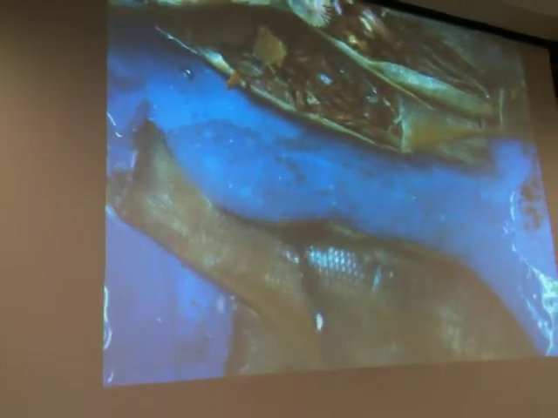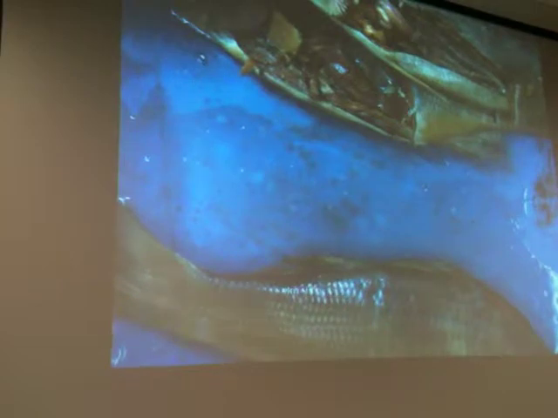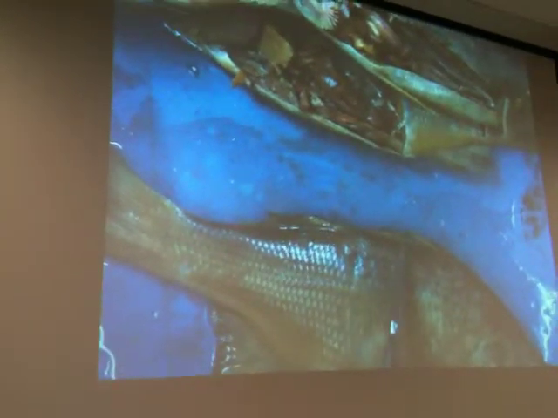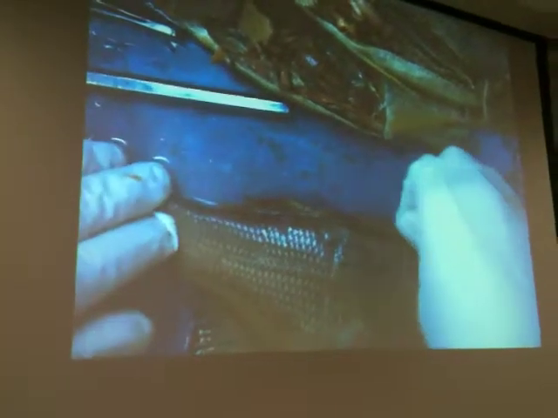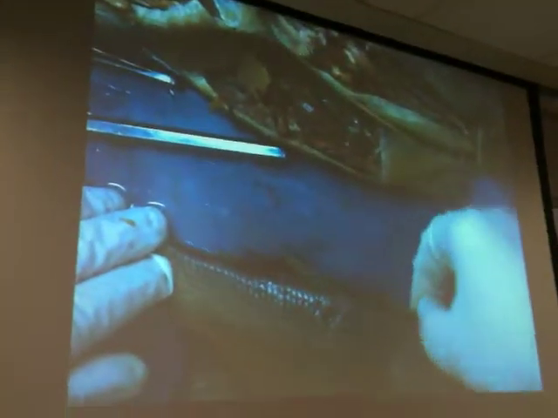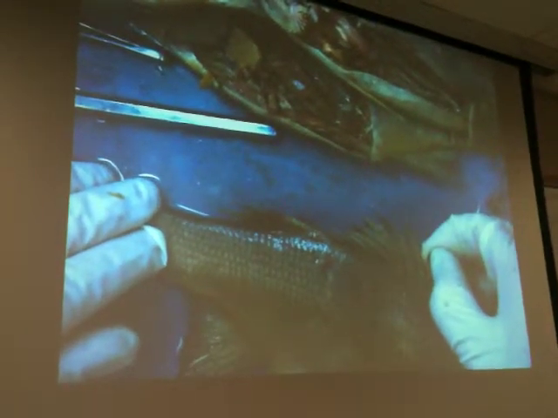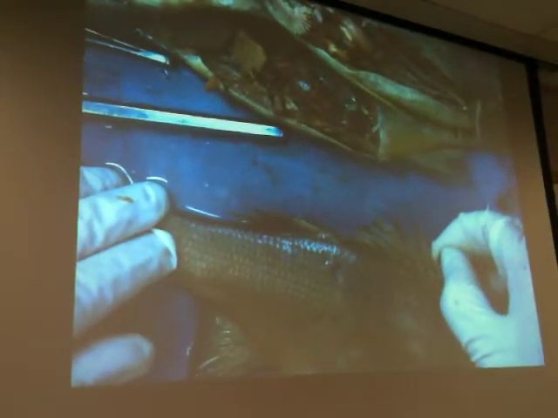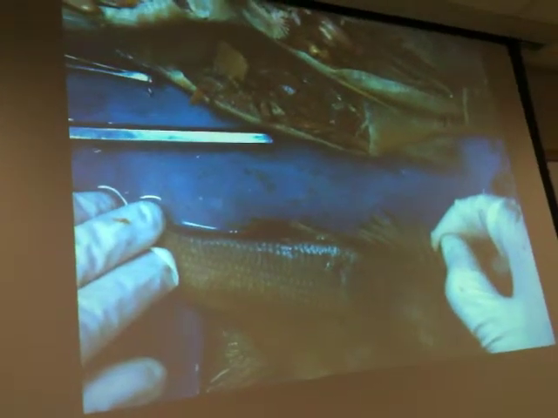There are two dorsal fins up here at the top. There's the posterior dorsal fin and the anterior dorsal fin. So you could take these and kind of lift them up here. The anterior dorsal fin has these rays, those are the spines, and they're called actinotrichia.